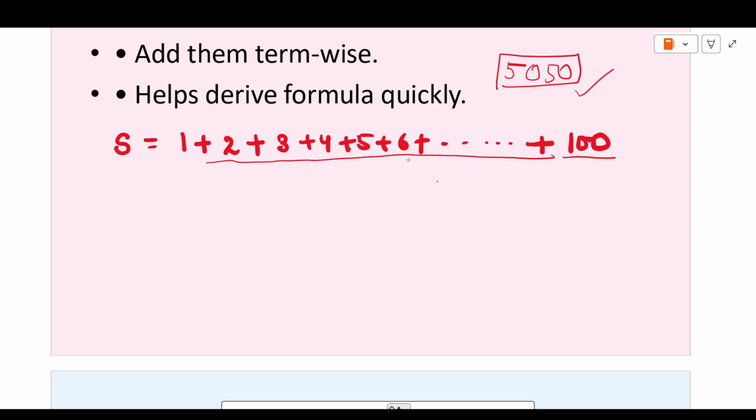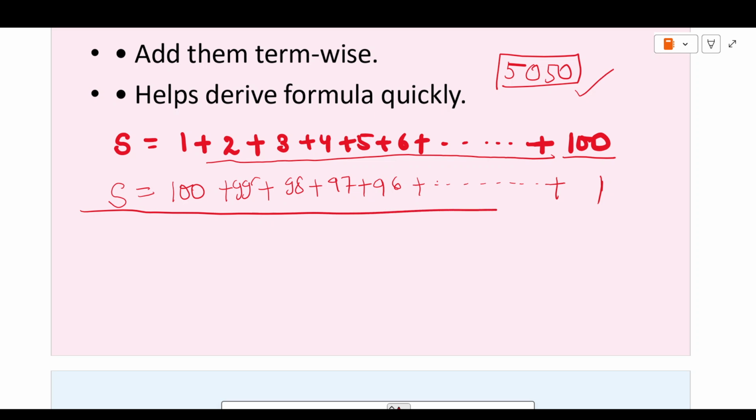Then Gauss replied that if you reverse all the terms, that is 100 plus 99 plus 98 plus 97 plus 96 and so on up to 1.